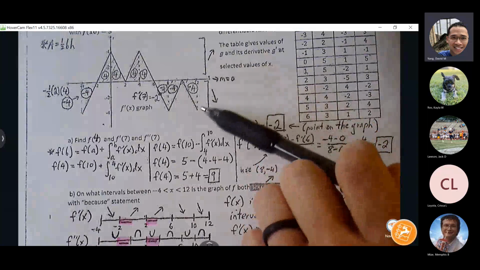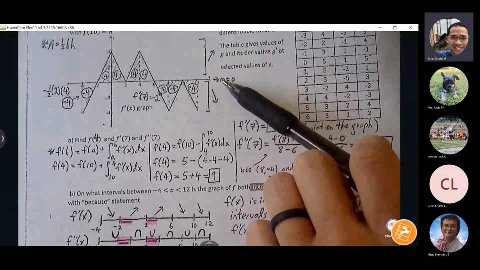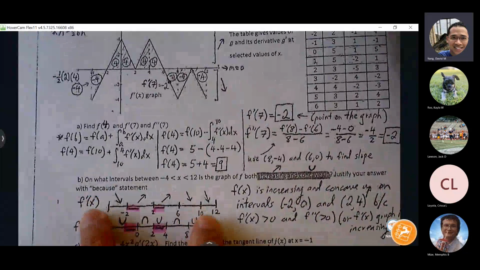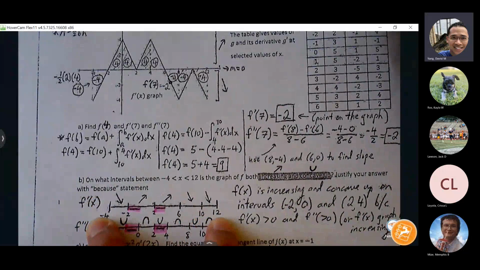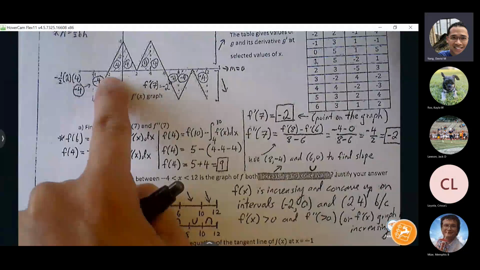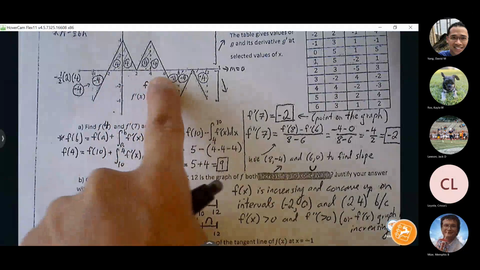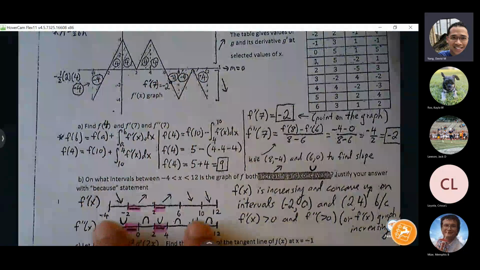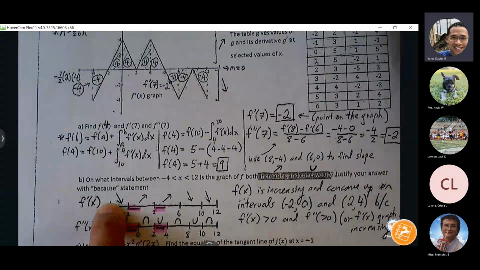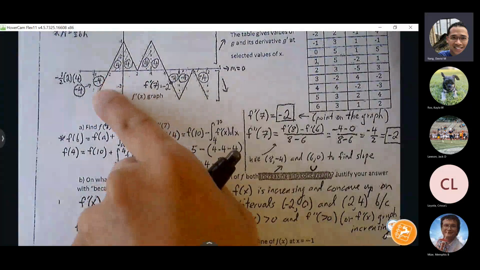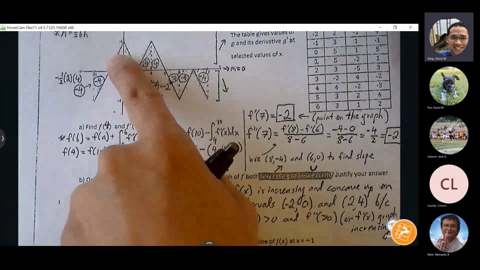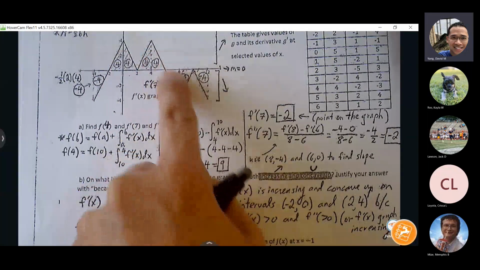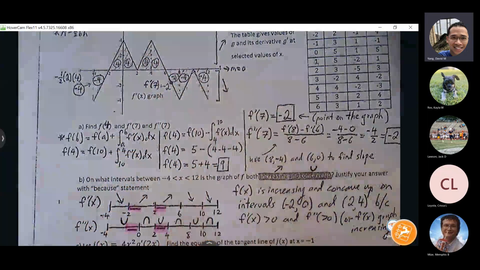Anything above is positive slope, anything below is negative slope, anything on the x-axis is slope 0. So I start off with -4 and 12. My critical points, my x-intercepts, -2, 2, 6, and 10. And I'm just putting the arrows depending on where my graph lives. Below the x-axis is negative slope, above is positive slope, negative slope, negative slope.